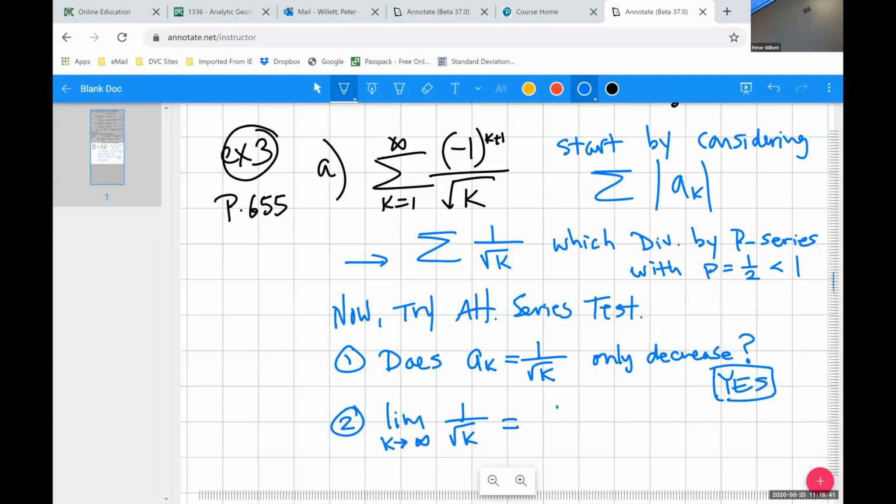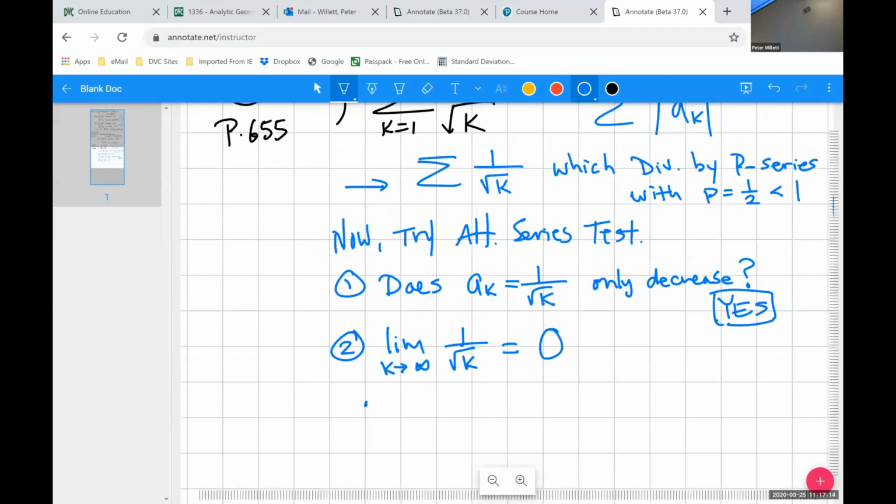Yes, sir. And again, this goes back to our limit comfort from chapter 2, but we did have a specific thing that when you have a power in the bottom of a fraction that's just making the number bigger and bigger, the overall fraction goes to 0. So we have an alternating series that is non-increasing and the limit of the terms equals 0.